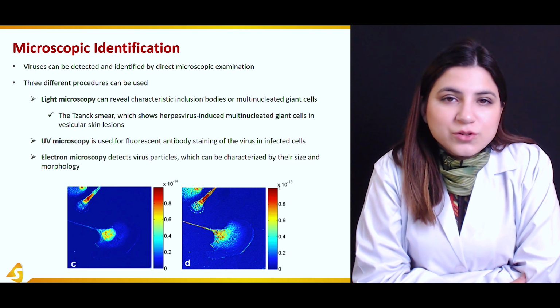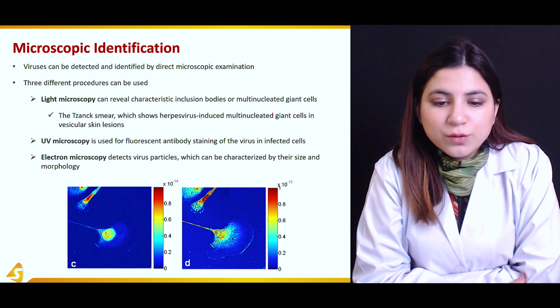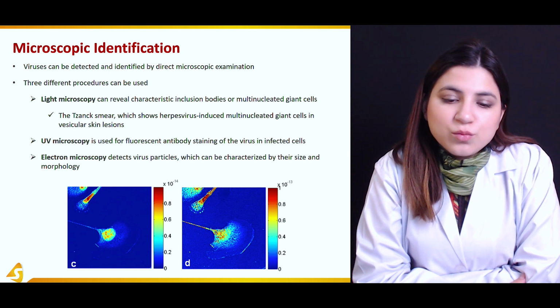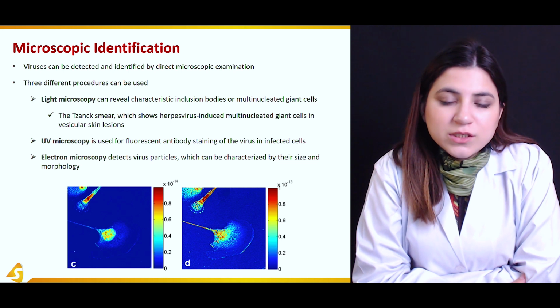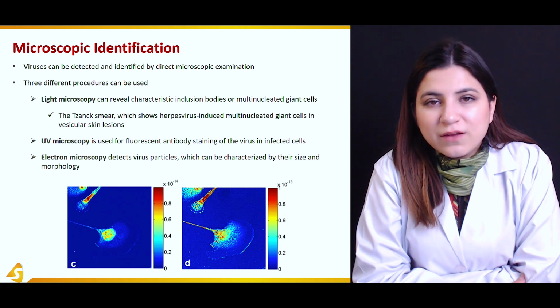Then we have ultraviolet microscopy, also known as the UV microscopy. It is used when we have a fluorescent antibody, and this antibody is directly staining the virus inside the infected cell.